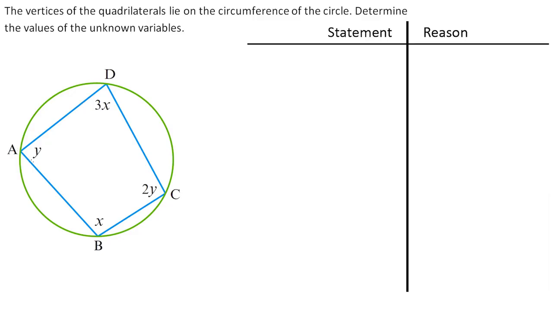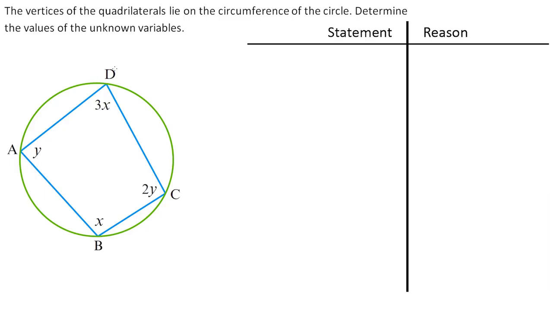Quad means we have 4 points here, lie on the circumference. You people can see this refers to the circumference of the circle. What does that mean? It means that point A, point B, point C, point D are all concyclic points. That means that statement there is telling us nothing other than A, B, C, D is a cyclic quad.